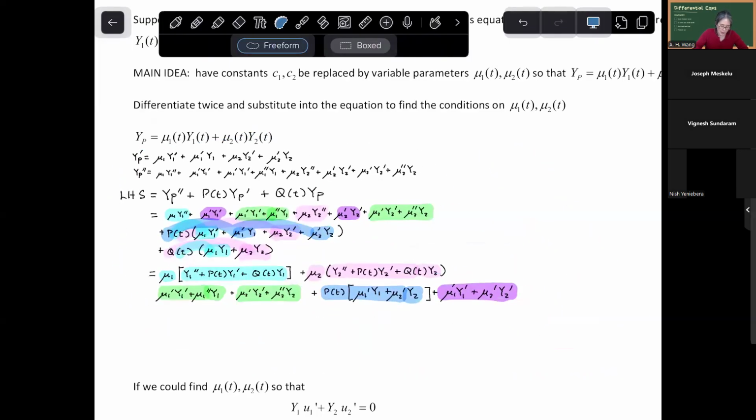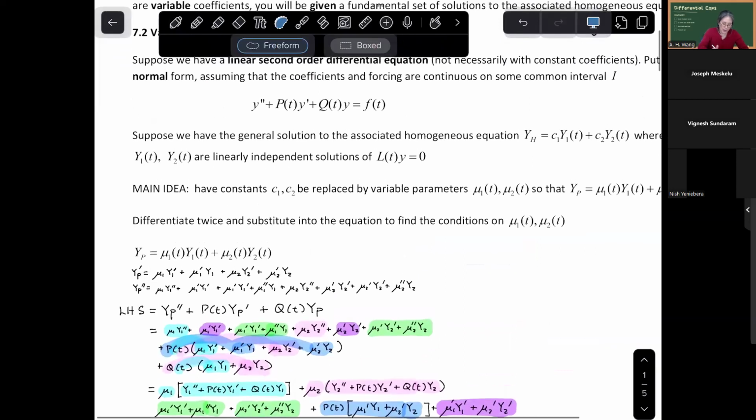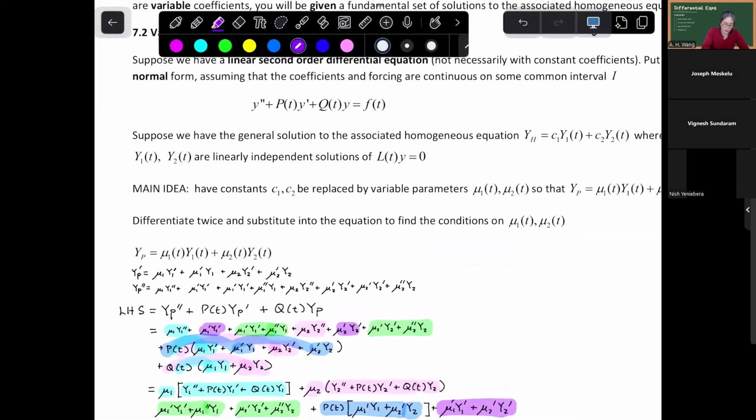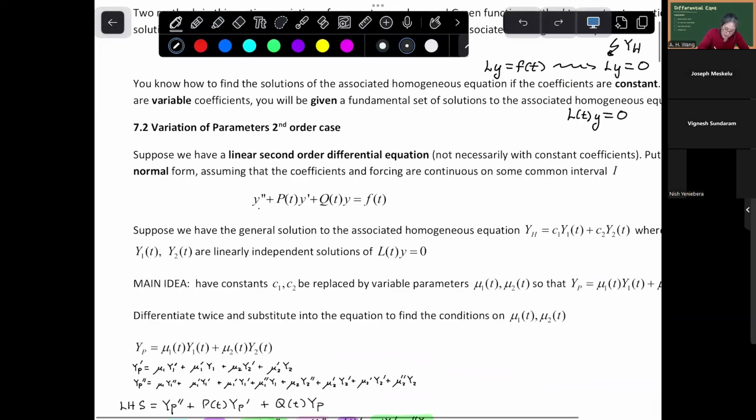Okay, so remember that y1 and y2 are independent solutions of this. What does that mean? That means that you can rewrite this as L of y equals f of t. So then you're doing the associated homogeneous, right?